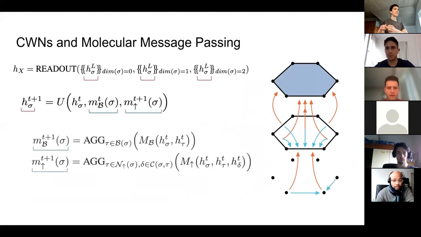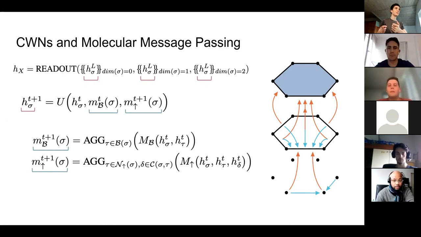Inspired by your CWL test, what I would have done is to have this U function take an aggregation of the upper adjacencies and the boundary.